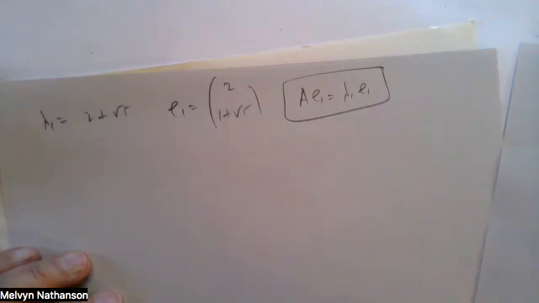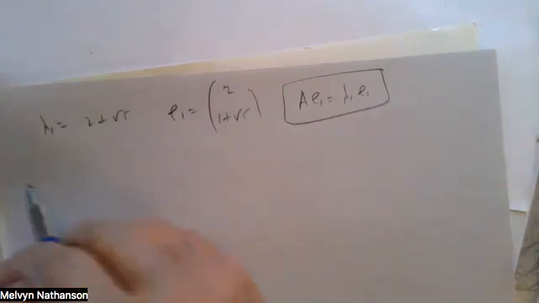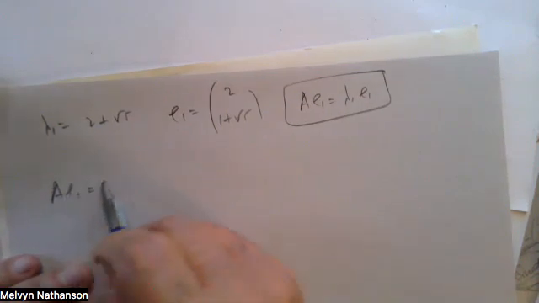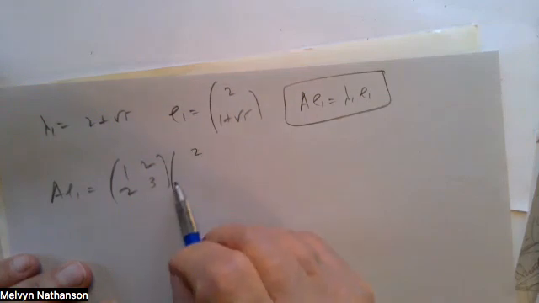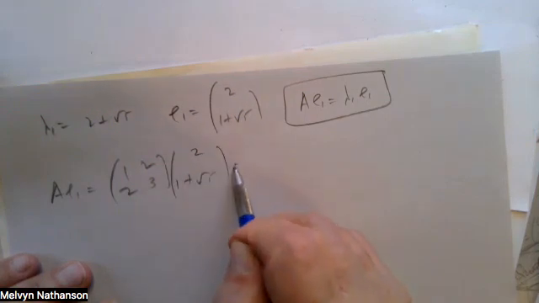That's the equation for an eigenvector and an eigenvalue. So let's check. So AE1 is 1, 2, 2, 3 times the vector 2, 1 plus root 5.